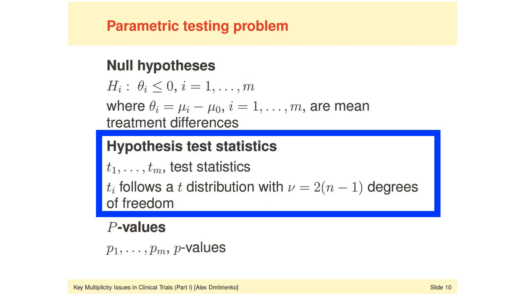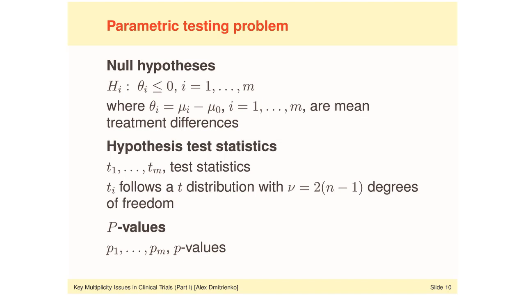And if we assume the null hypothesis, that is if theta i is equal to 0, then the test statistic Ti follows a central t-distribution, and the p-values are computed from this null distribution, from those central t-distributions, and they're denoted as before by p1 through pm. They're shown at the bottom of the slide.